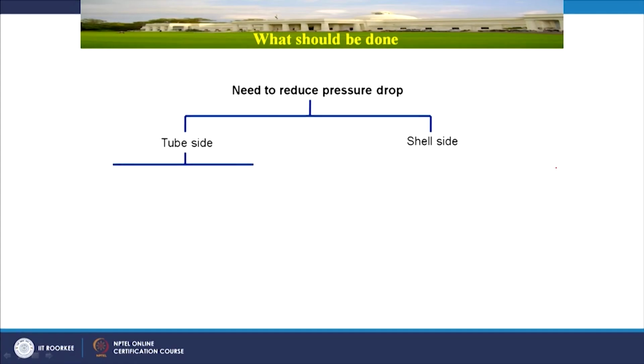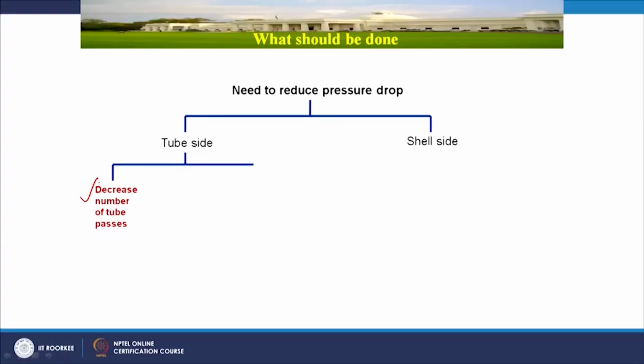So, let us first focus on tube side. If I need to reduce the pressure drop in tube side, I have to decrease the passes. Okay. So, there may be contradictory thing, you have to increase the pass to increase heat transfer coefficient, but at the same time it will give more pressure drop, right. So, you have to reduce the pressure drop by decreasing the passes, but it will reduce heat transfer coefficient as well. So, you have to make the balance.